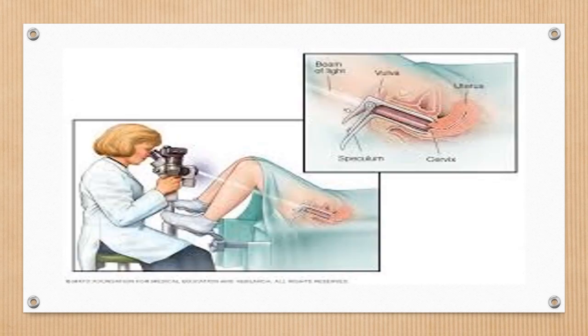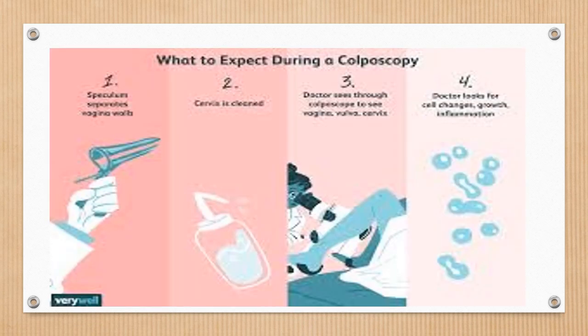This is the lithotomy position. Here the speculum is introduced inside the vagina. This is the light source, and this is the binocular microscope with the help of which we visualize the cervix. A magnified view of the cervix is visualized. What to expect in colposcopy?